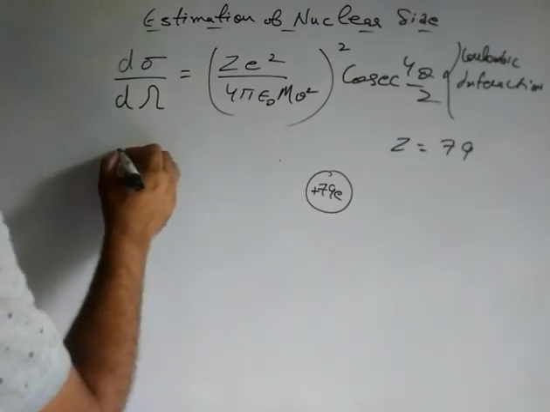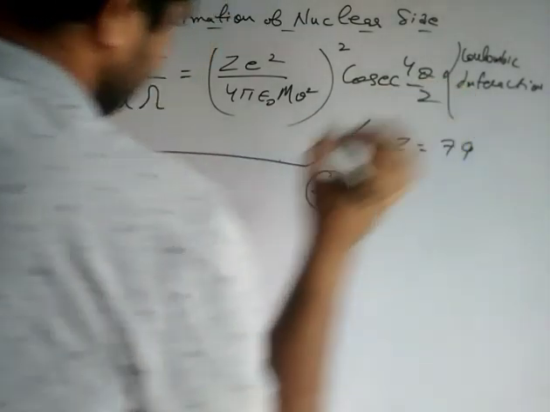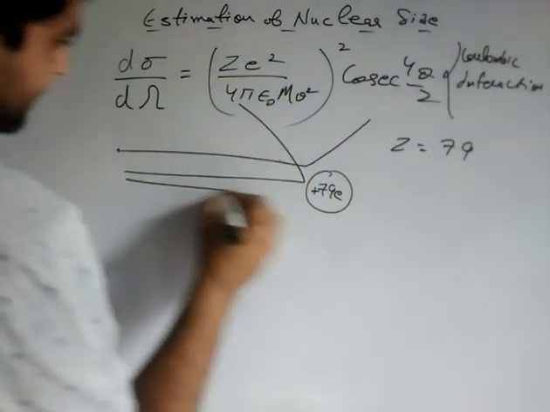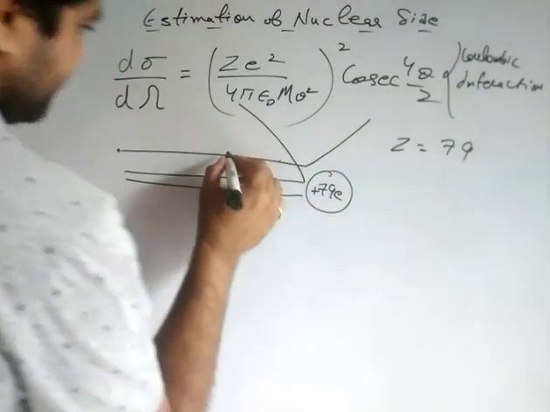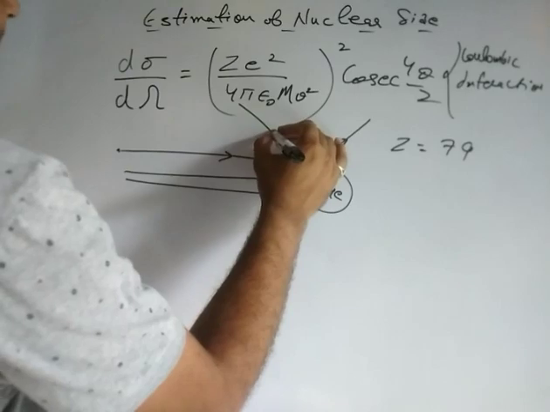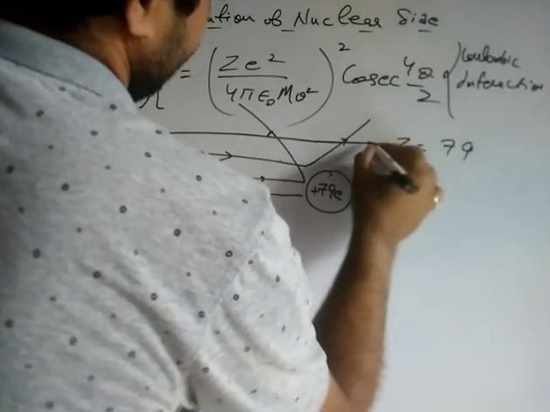Some alpha particles will travel in this direction, and they will be deflected in this way. Some will travel in this direction, they will be deflected this way. Some will travel this direction. Suppose this alpha particle scatters in this direction, and this alpha particle scatters in this direction. Now this alpha particle will not deviate at all.